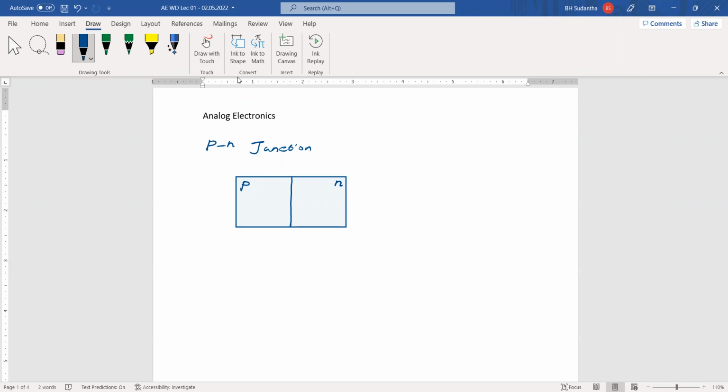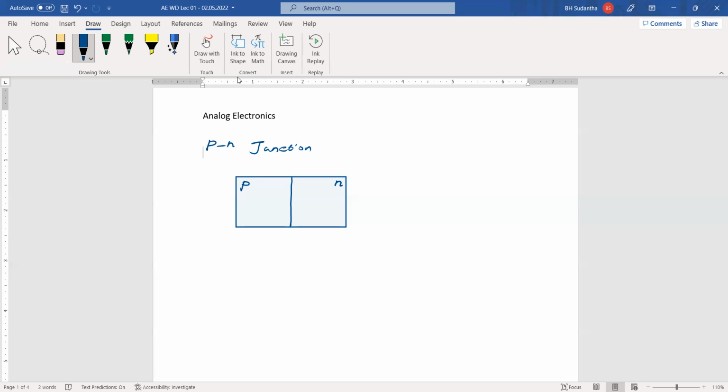After taking some basic elements and doping certain other elements into them, we can make p-type semiconductor and n-type semiconductor. If you want details, I can discuss this later. But for the moment, assume that p-type semiconductor is there.